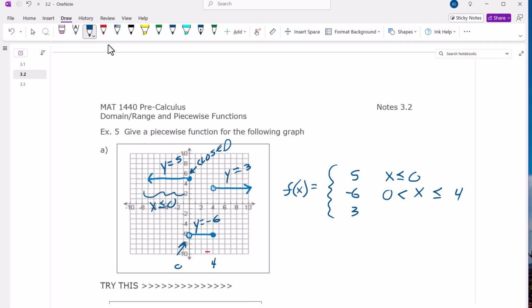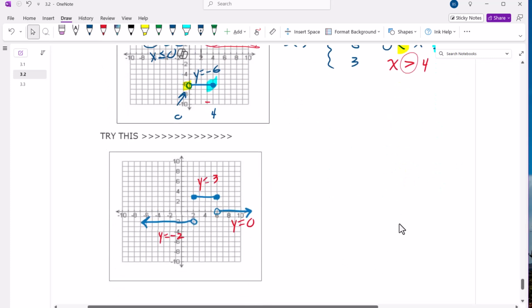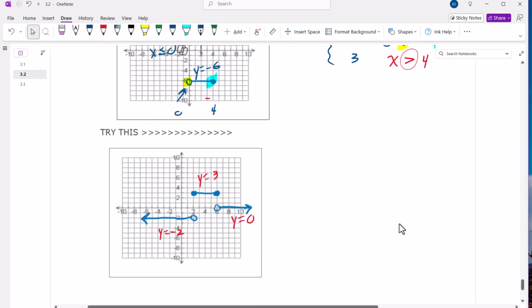You include the 4. So think about how those things match up. See? Open, closed. Okay, and then the last one would just be 4 and bigger. So you would just say x is greater than 4. And again, pay attention to that being open. Okay? All right, so pause the video, do the next problem, and then that'll wrap this up.